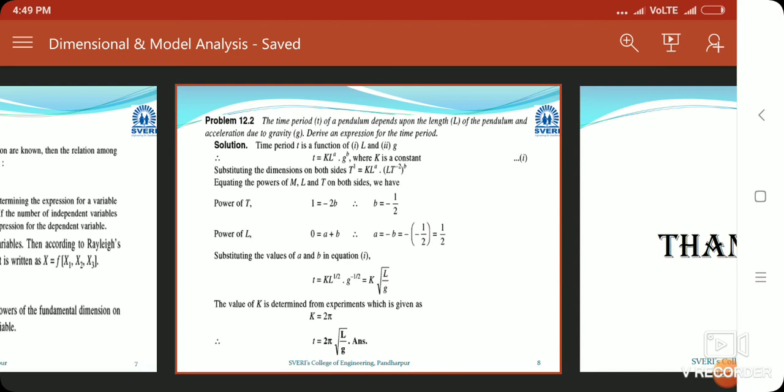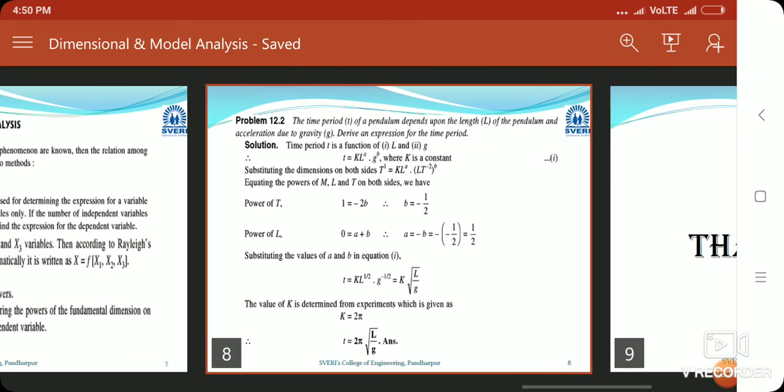So we can say that the time period T is a function of L and g. We can write T is f of L comma g, and therefore T is equal to k into L raised to a, g raised to b, where k is a constant and a, b are arbitrary powers.